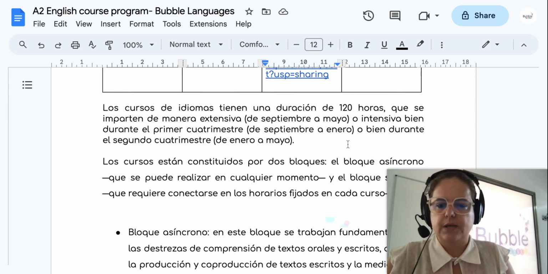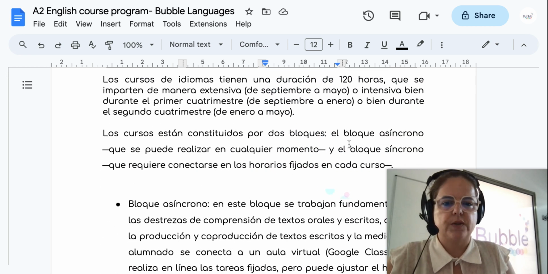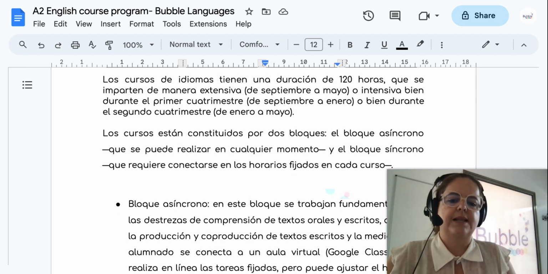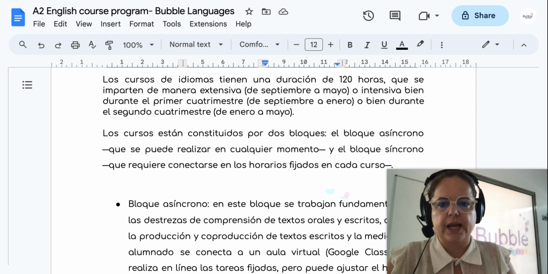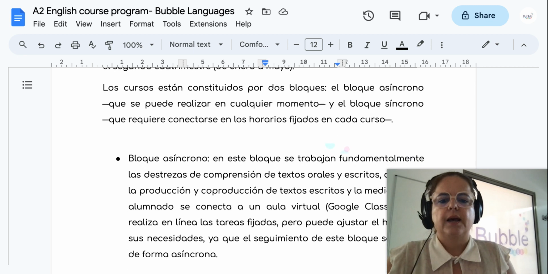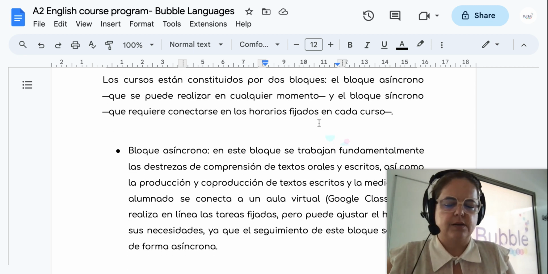And this time around, when we reach this point, I want you to read through the requirements: what the course is like, how many hours you need, when we normally teach these courses, what's the minimum amount of time that you need to study one of these courses, and how we organize the courses.